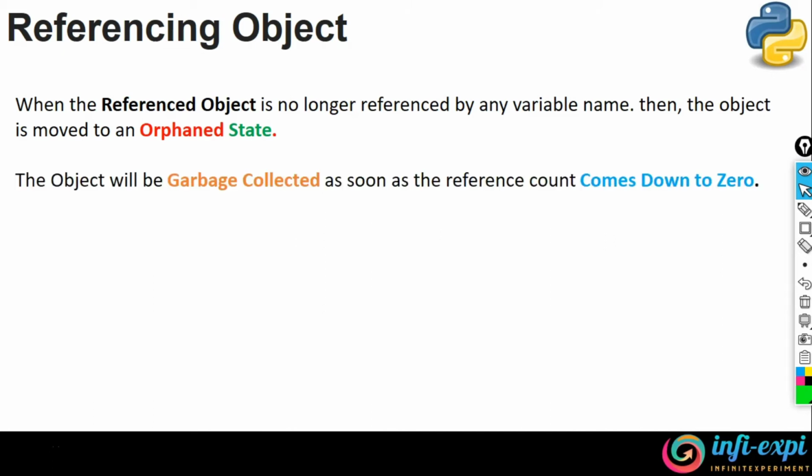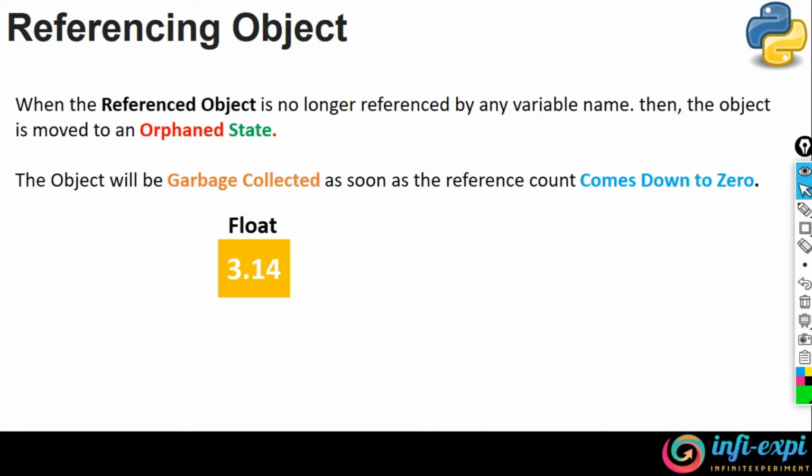The object will be garbage collected as soon as the reference count, the variable which is pointing to it is called a reference, right? So when the number of references comes down to 0, then immediately the object is eligible for moving to the orphaned state, and from there it is garbaged.